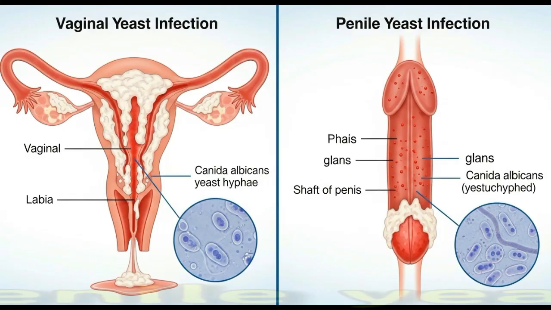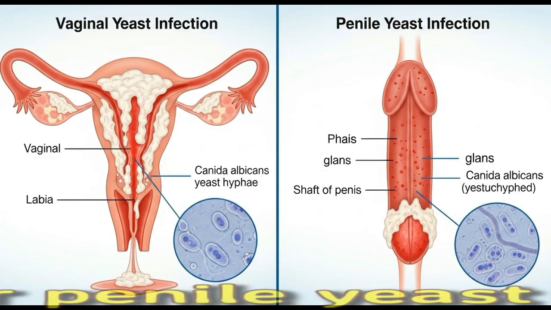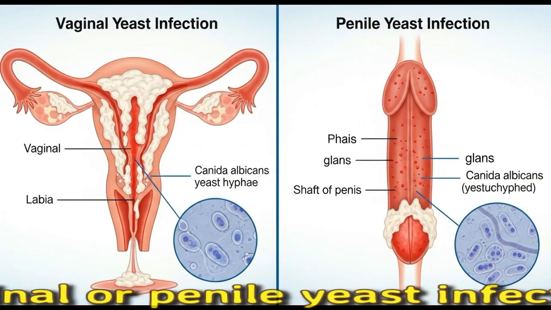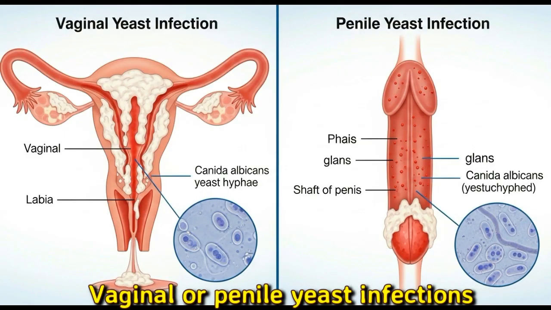Vaginal or penile yeast infections. An overgrowth of a fungus called Candida can cause an infection in the vagina or on the penis. As with other fungal infections in the genital area, this can affect the lymph nodes in the groin. Other symptoms of a yeast infection include burning during urination, itching and irritated skin, foul-smelling, lumpy white discharge, redness and bumps that may contain pus.